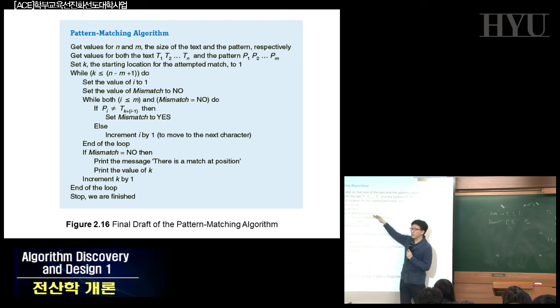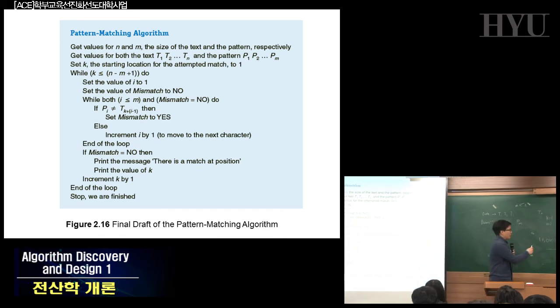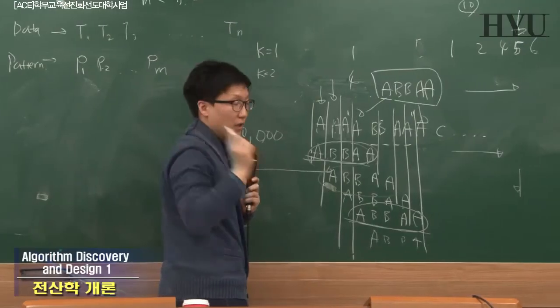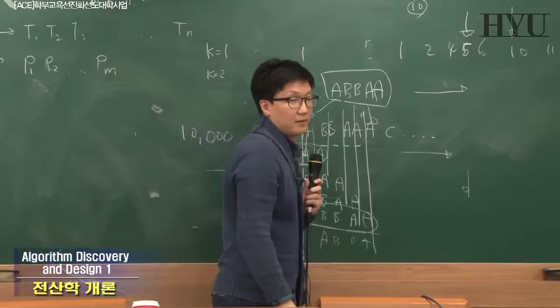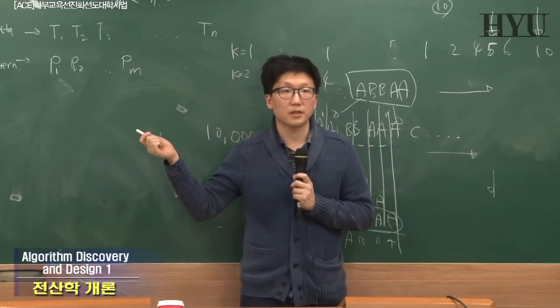Big one, and within the big one, there is a smaller one. What would that be? Big one, sliding this one by one; small one, matching each. Just look at the structure and simply translate that part. Okay?